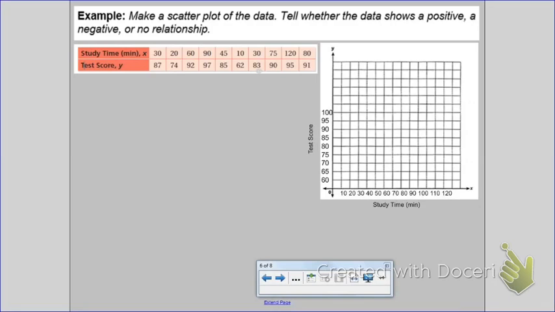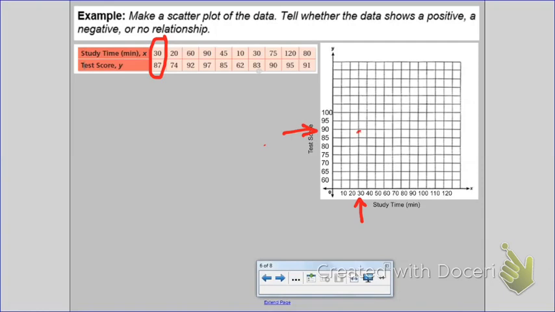Our first point is study time is 30, and our test score is 87. I'm going to find 30 on my x-axis, and I'm going to find where 87 would be for my test score. Where these 2 lines cross, that is where we're going to put our dot.